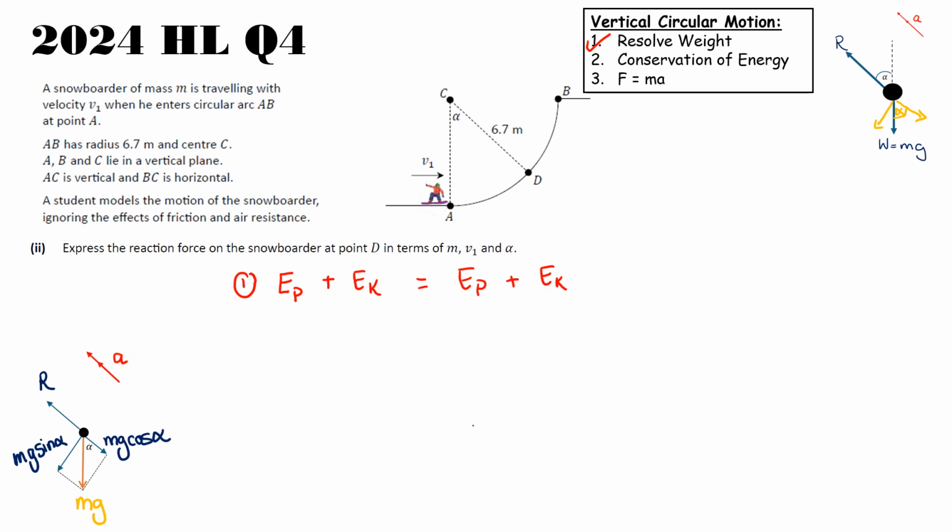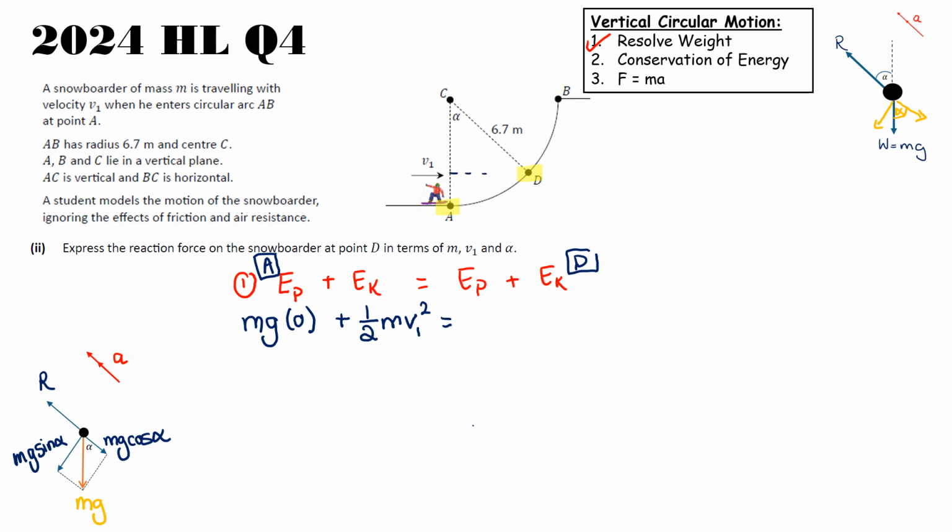So we're talking about D, and we're going to start at A. So these are our 2 points, A and D. At point A, potential energy is mgh. There is no height, it's at the lowest it can go, so we're going to put in a 0 for that. And that is plus kinetic energy, half mv1 squared. So then we have the potential at D.